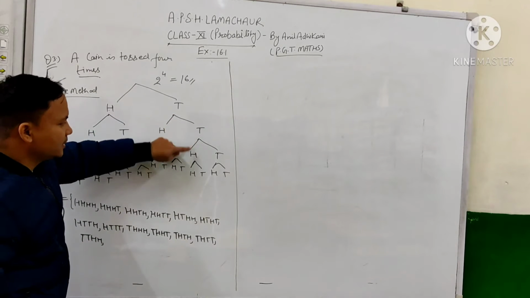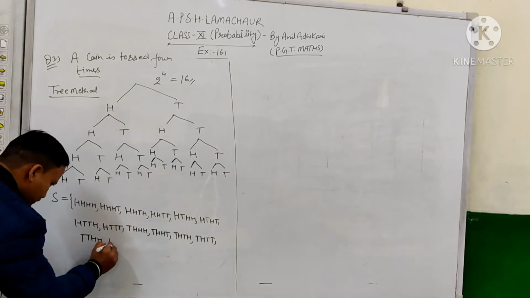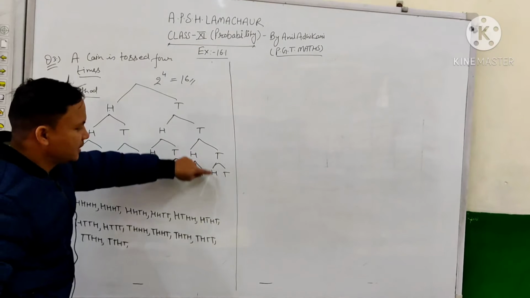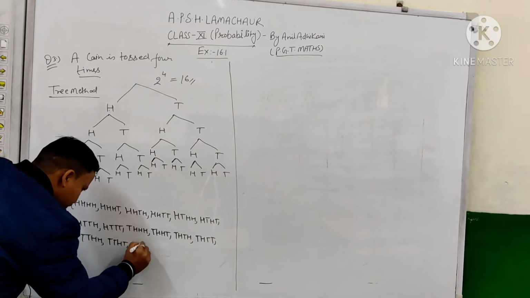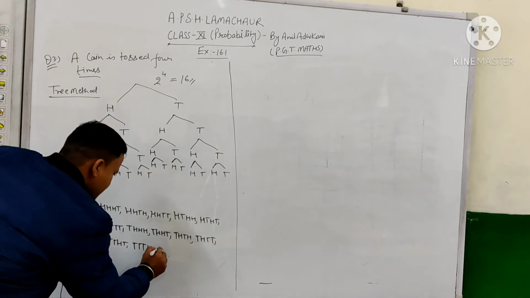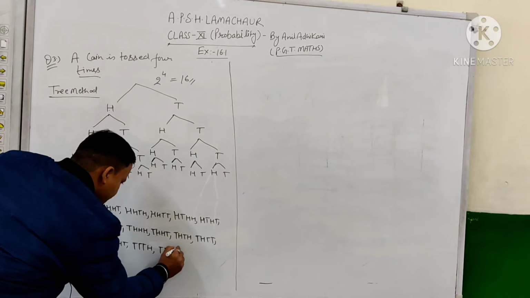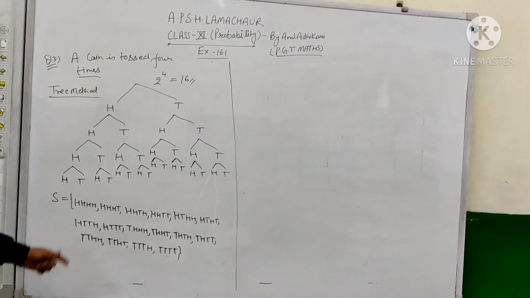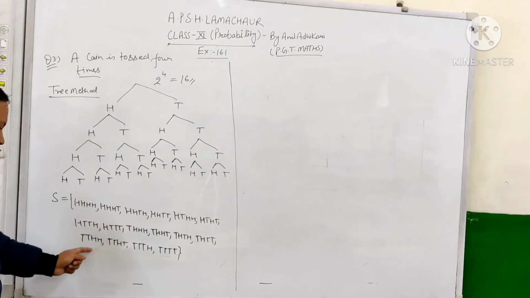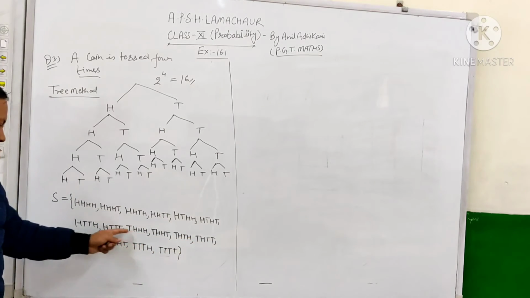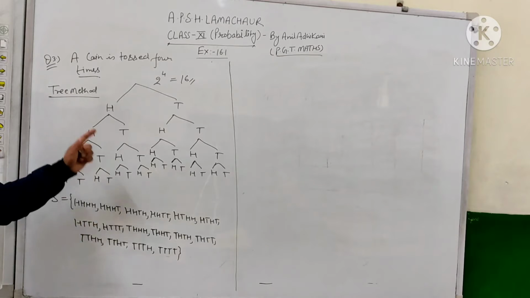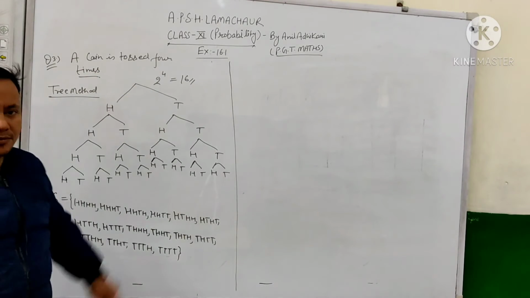Next TTHT. Next TTTH. And the last TTTT, it means 4 times T. Now you can easily count whether these outcomes are 16 or not. Starting from the last: 1, 2, 3, 4, 5, 6, 7, 8, 9, 10, 11, 12, 13, 14, 15 and 16. So these are the required outcomes for this particular experiment.